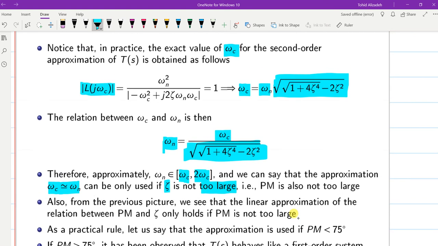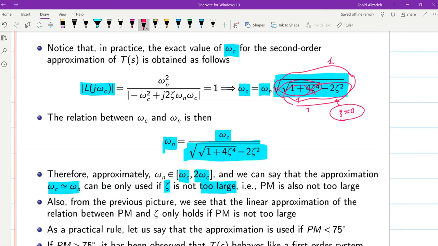You can see that if zeta approaches 0, so over here, if zeta becomes very small, it goes towards 0, this value will be neglected compared to 1. So out of this we will have 1, and 1 minus a small value could be approximated as 1, and therefore the whole square root could be replaced by 1, and omega c will become equal to omega n.